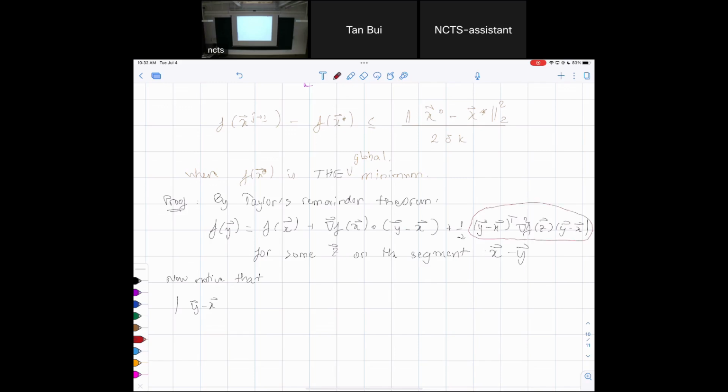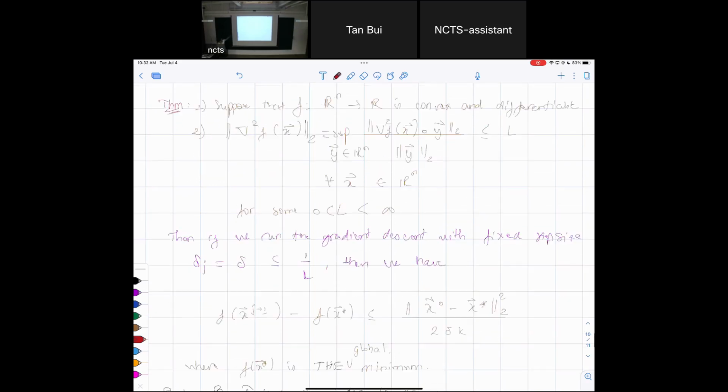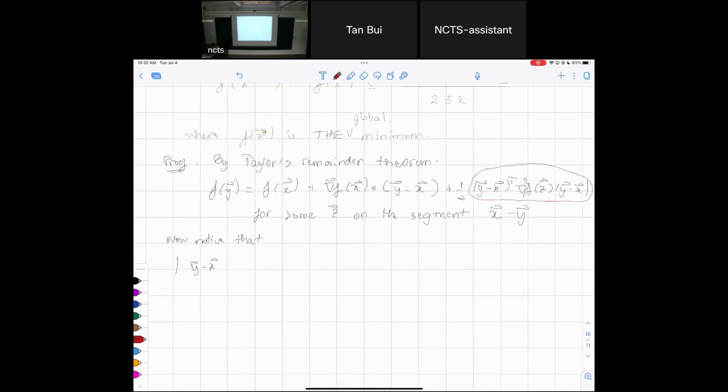I'm looking at this one because we have the condition on the second derivative, it's bounded. So I'm going to look at the second order term because we can replace the second derivative with the bound in the assumptions. That's why we look at that one first. This is the easiest term.